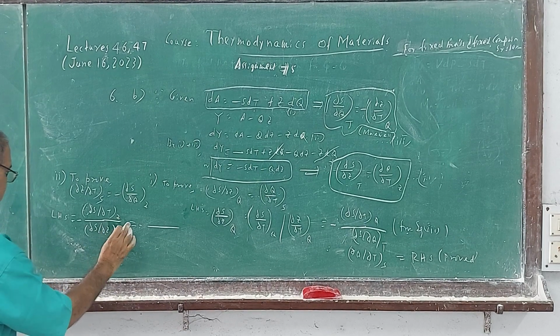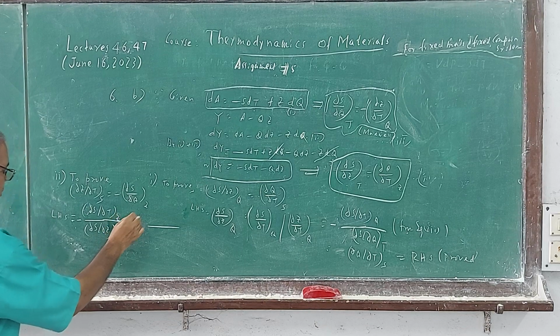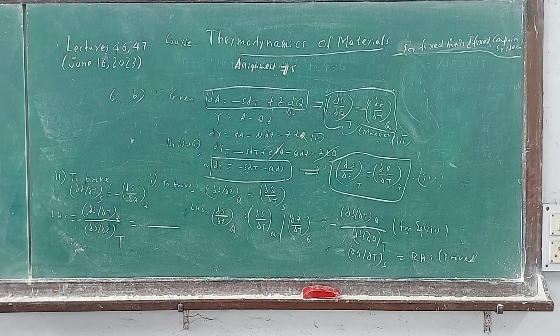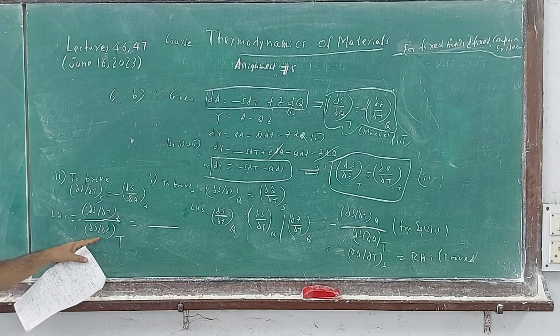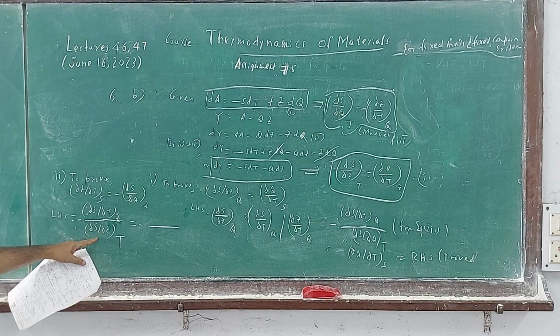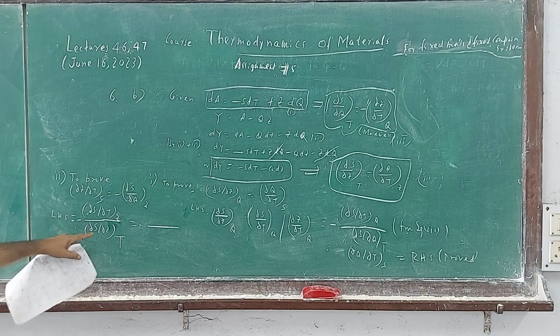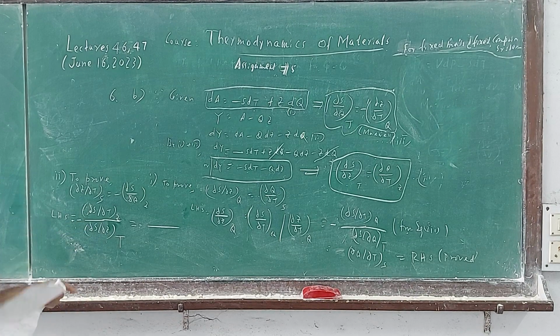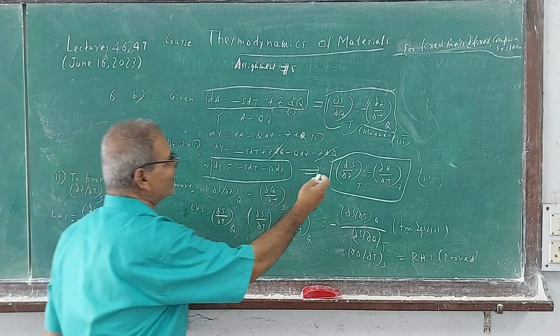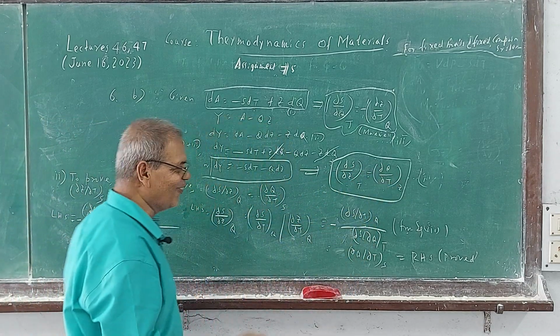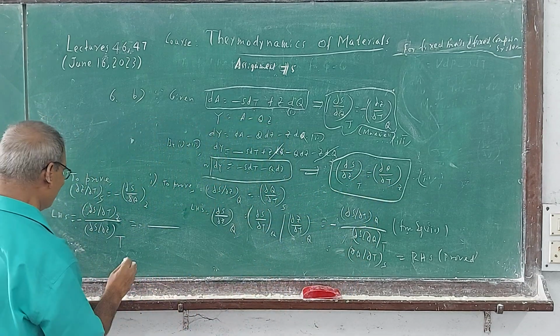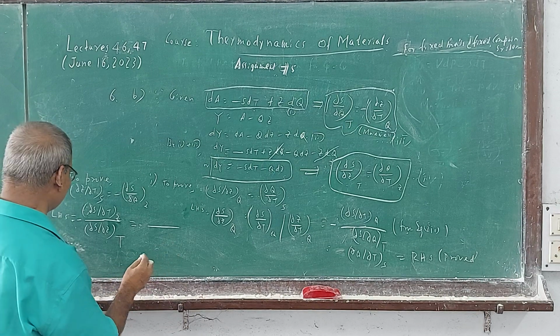Acha. So we want to convert it somehow into what? What do I do? Okay, perfectly. Oh no, I have not used this. Why did I do this? I will take advantage of it. So why not substitute this? Minus del S by del Z T, right?